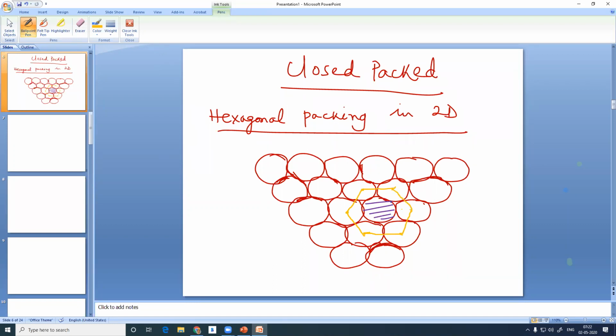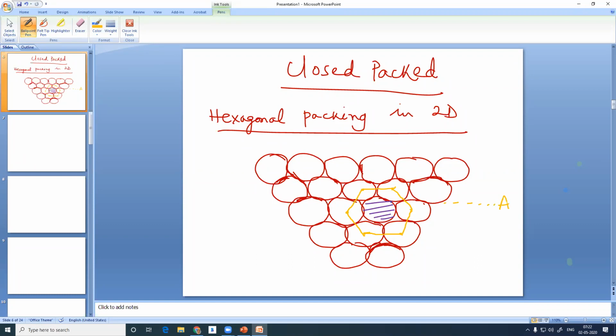That is why it is called hexagonal packing in 2D. Supposing this layer is called layer A.